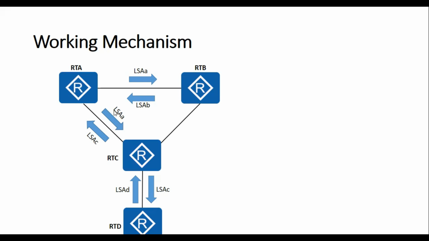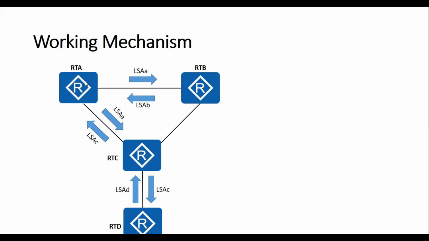This link state advertisement sent by router A to router C also contains the link state information that was received from router B. Similarly, router C will send a link state advertisement to router A, you see.